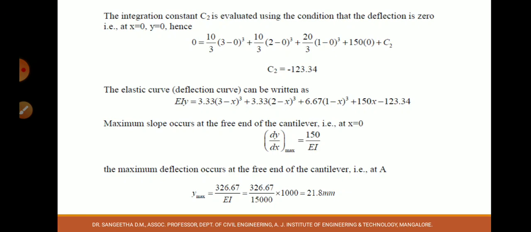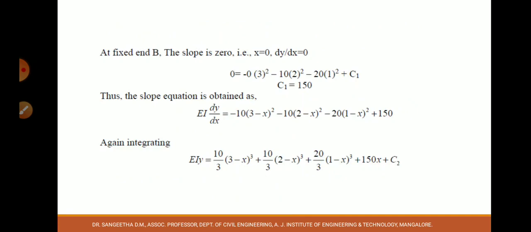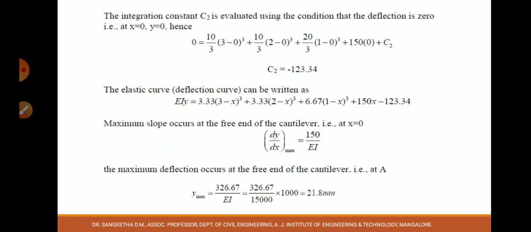Maximum deflection also occurs at the free end of the cantilever, that is at x is equal to 3. See here, when you substitute x is equal to 3, 3 minus 3 is 0. 2 minus 3, the term here becomes negative.